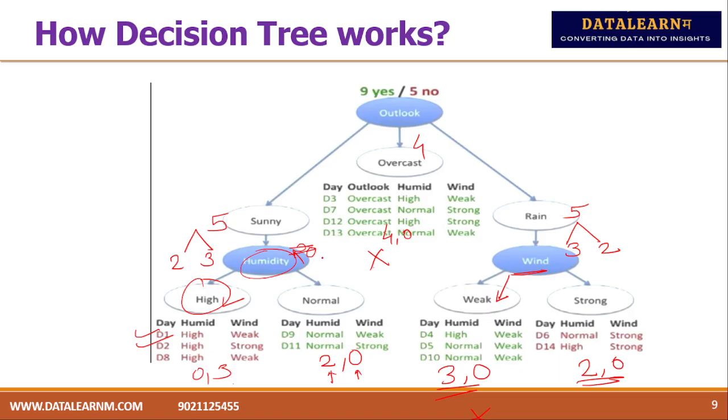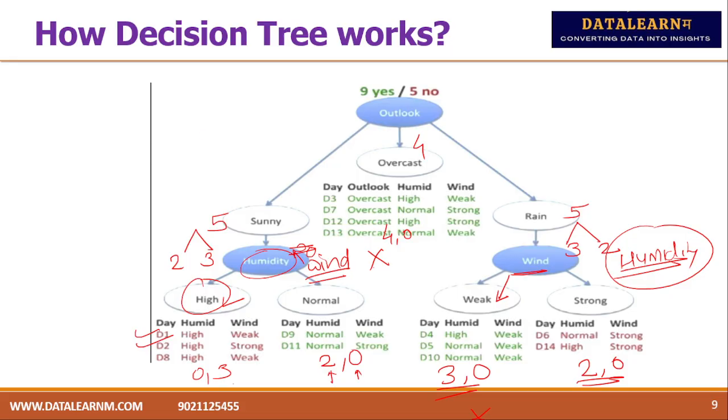Sunny with wind, and rain with humidity, you will get similar accuracy only. It is not that humidity will be on this side and wind on this side. It may be vice versa in actual practice. It can go one more level, one more step.